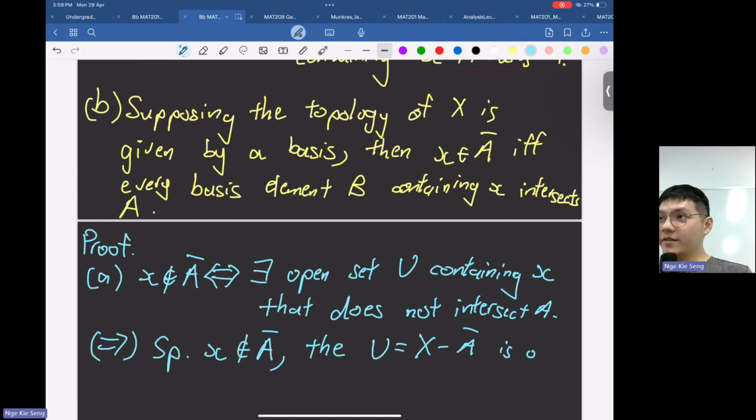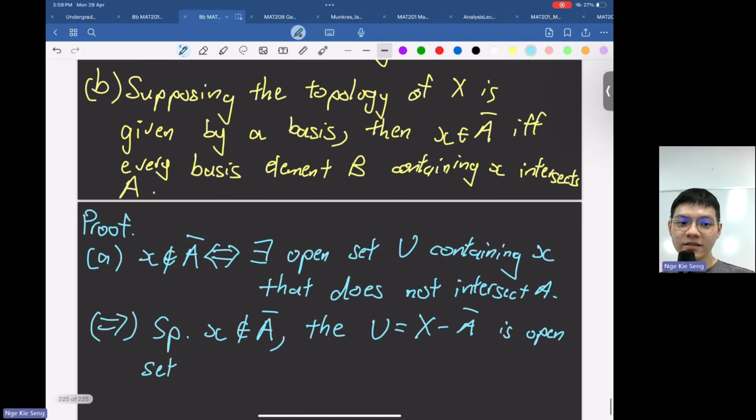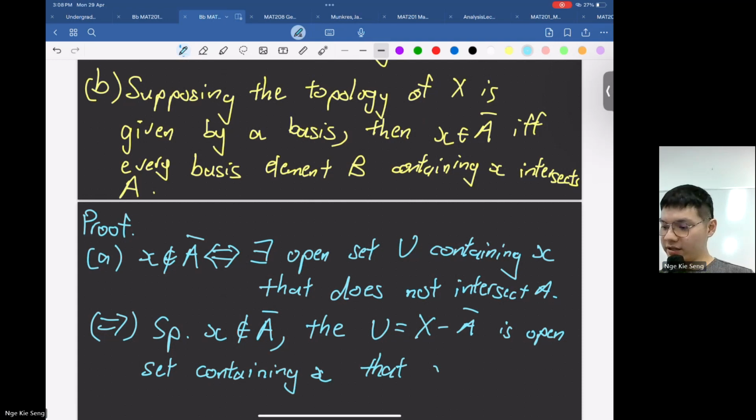First of all, it is an open set. Second, it contains X, because X is not in A bar, so it must be in the complement. Otherwise, where is it? Lost, right? Then why does it not intersect A?